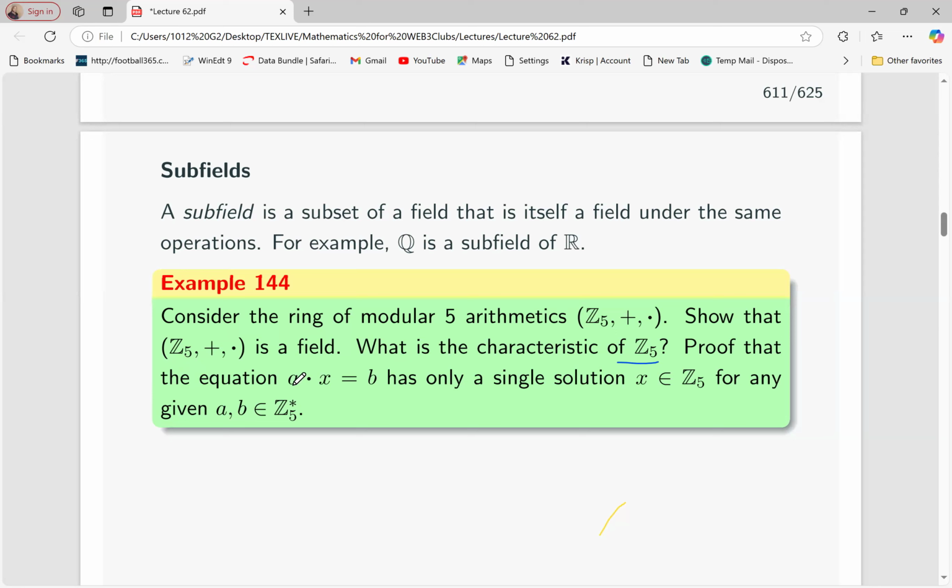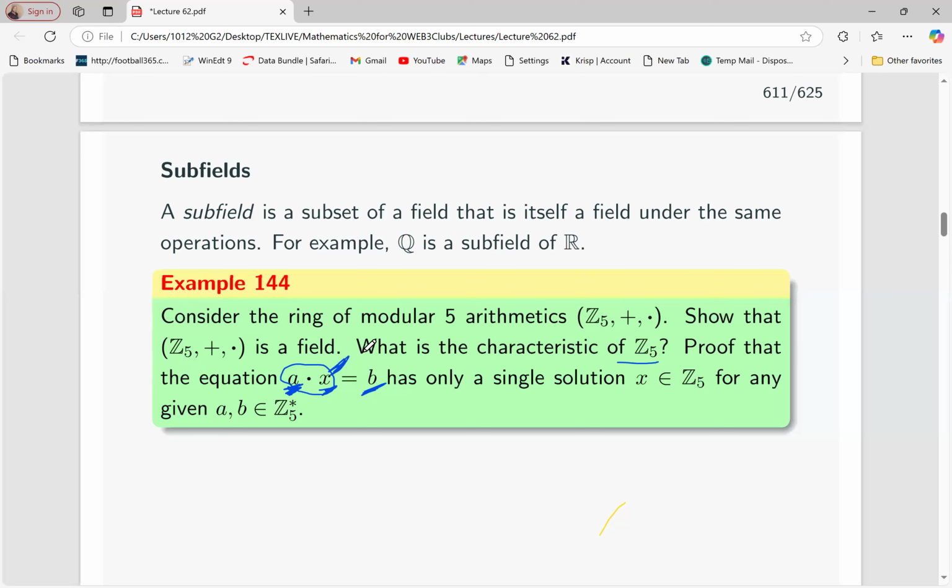And the other question, I want to show that inside this field, if I took an element A and multiplied by x, an unknown, and I get a result B, then X has only one value.